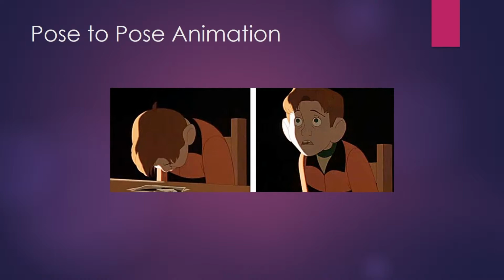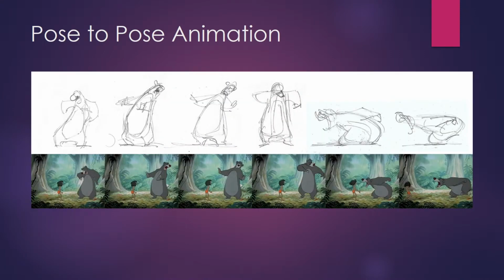We can figure out the major beats of the animation, define those, and then allow some time in between to fill in the gaps. And you'll see that in traditional animation, this was how it was done a lot. These gestures that Baloo is going to make, the keyframe animator had to nail down those poses, and the frames that happened in between were kind of just transitional.